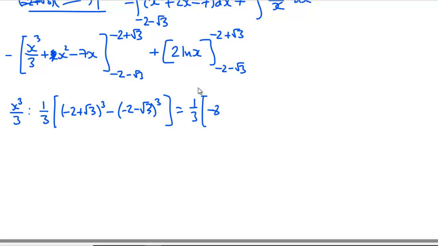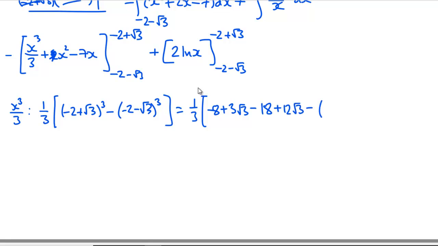It's going to be minus 8 plus 3 root 3, then minus, that's going to be 18, isn't it? Because we're going to have 3 times 3 times 2, and then for 3 times 4 times root 3, so plus 12 root 3.